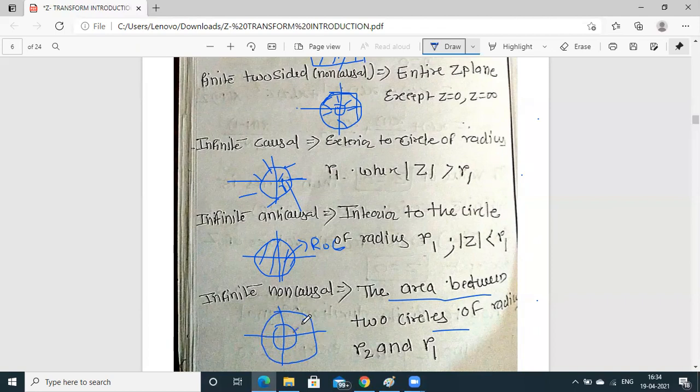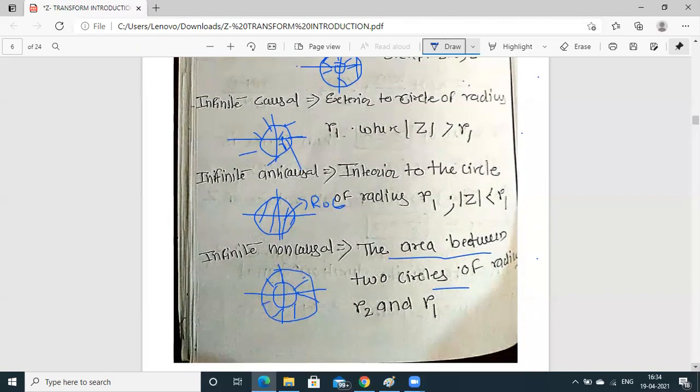So the area in between these two circles is the ROC. That is the ROC of different signals. Thank you.